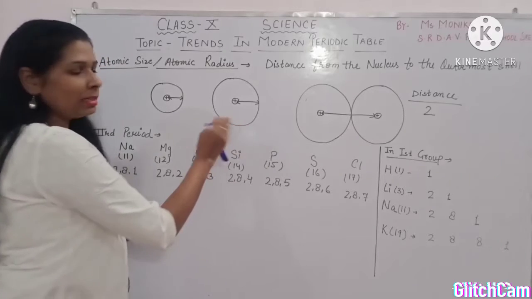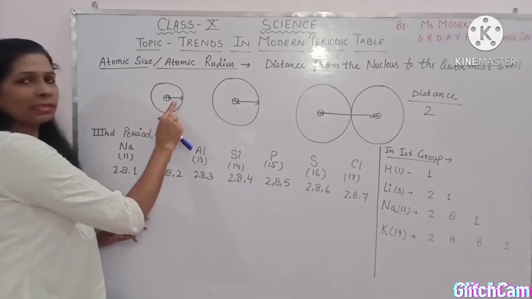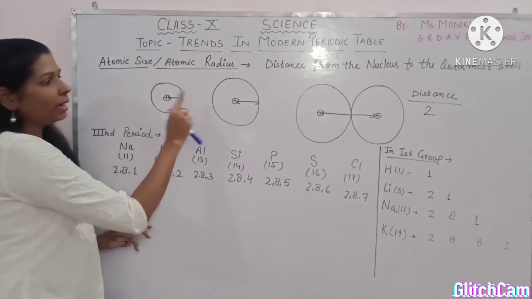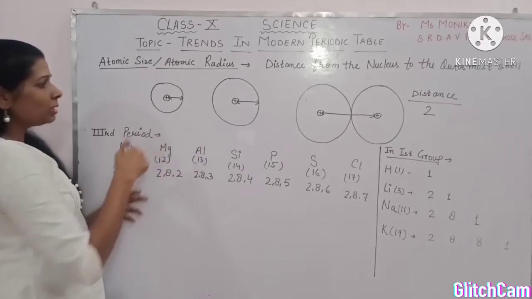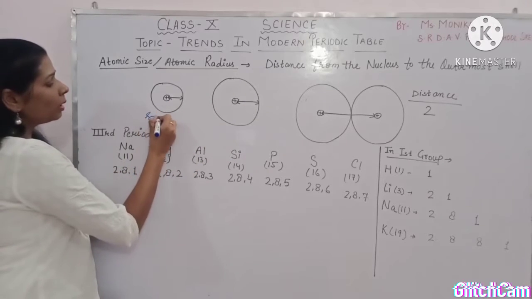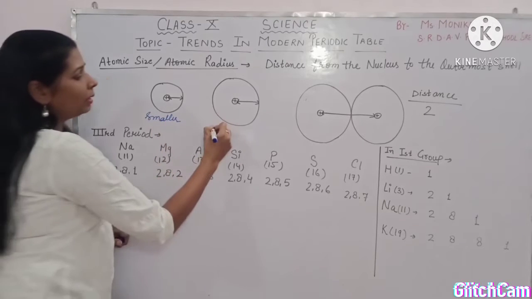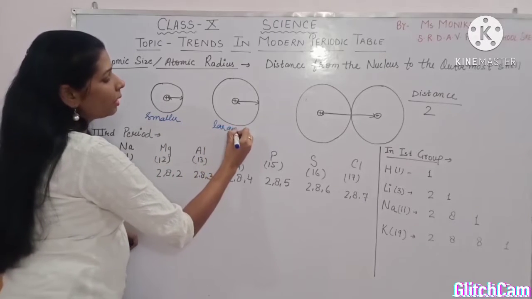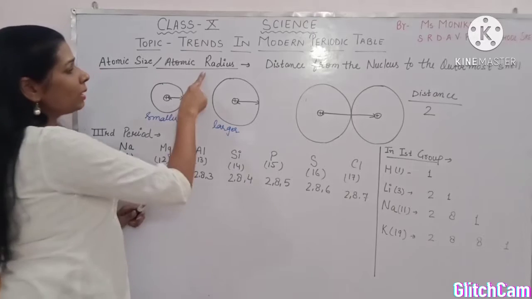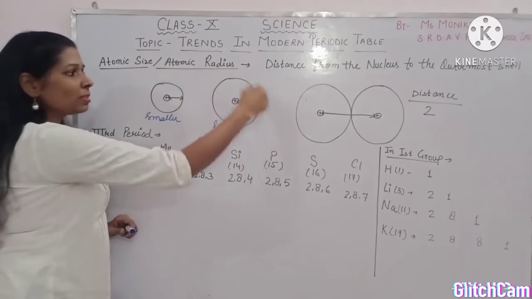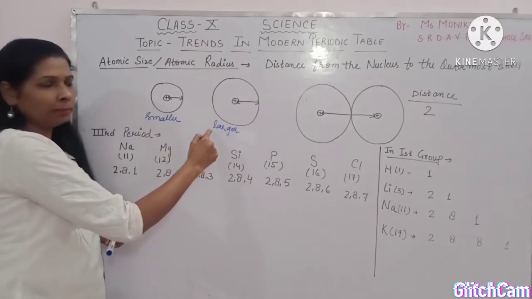You can see in these two examples, as the distance is lesser in this one and greater in this one, so this one is smaller and this one is larger. So atomic radius decides the size of the atom.